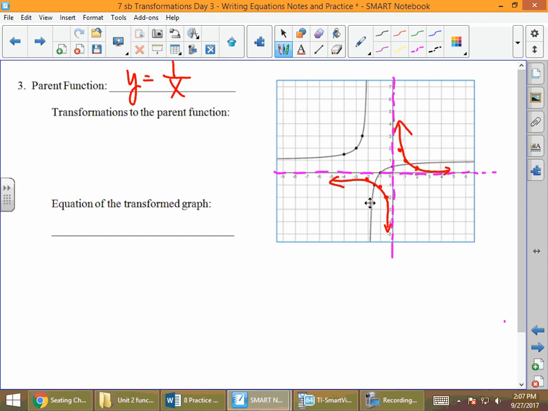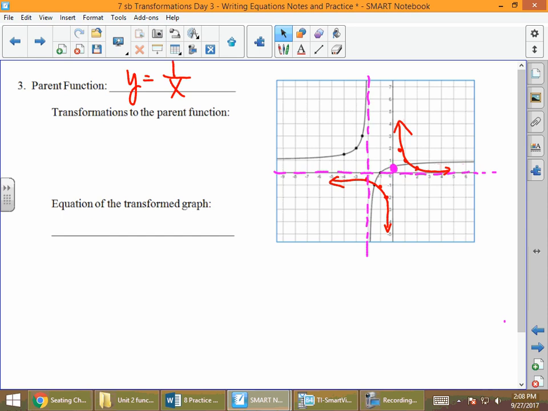And the reason that I point this out is because the origin is still important to me when I'm looking at this picture. Because what I want to look at when I'm figuring out the transformations of this picture is, well, where are the asymptotes now? If this works, I can move this over here for our original graph.